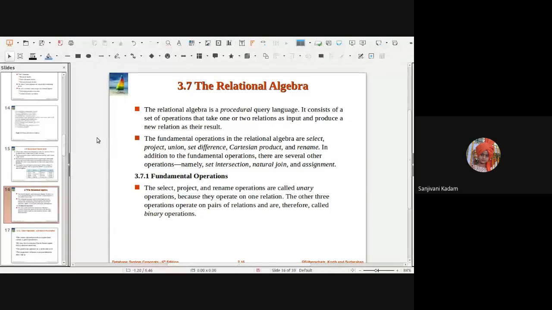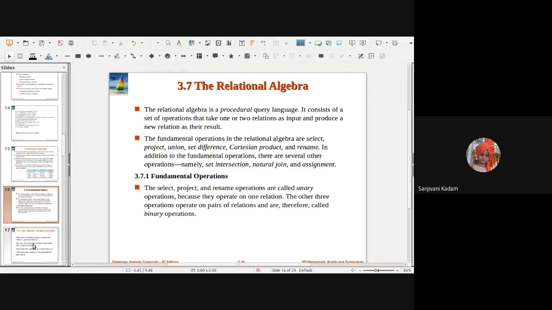The other three operations operate on a pair of relations, and that's why they are called binary operations. Unary operations perform on a single relation and binary operations perform on multiple relations.